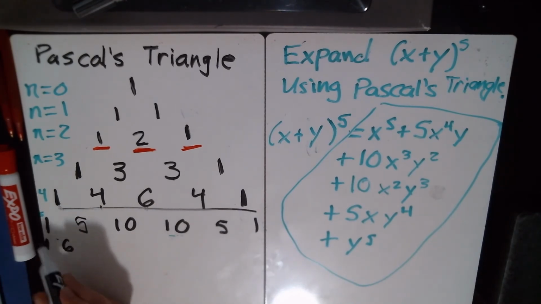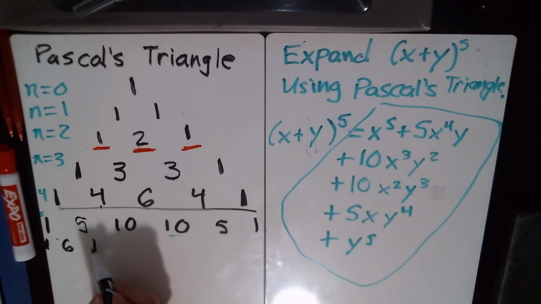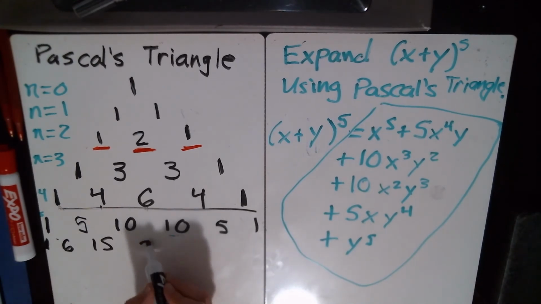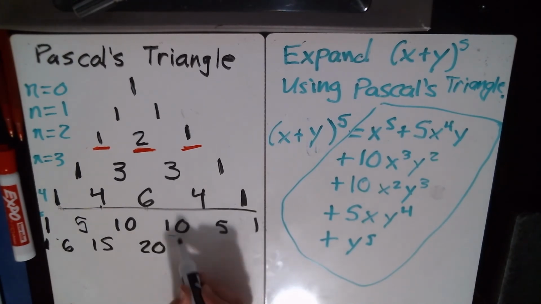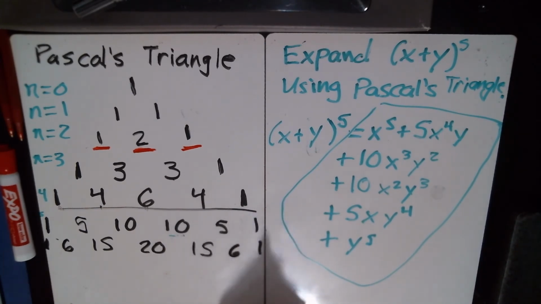There's going to be a 1 over here. 5 and 10 is 15, right? 20. Just add the two that are next to each other. Okay. And we can fill in as many rows as we need to get the power that we need. Okay, so hopefully this helps with that.